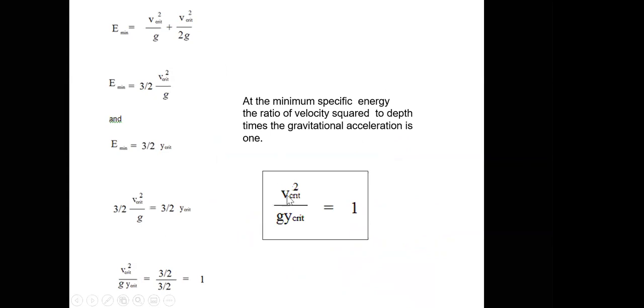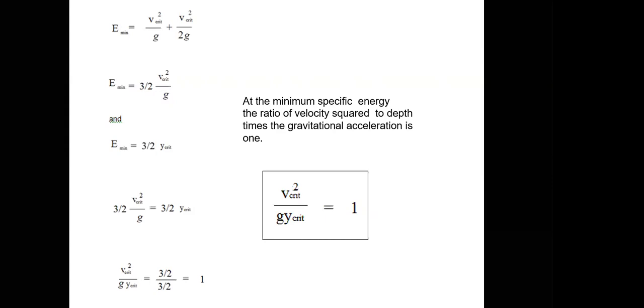So v squared divided by g y critical is equal to 1, and you can solve for y critical in terms of the velocity. So these sections give you information on how to calculate the specific energy and also the critical depth of the flow, which has the minimum specific energy or specific head.